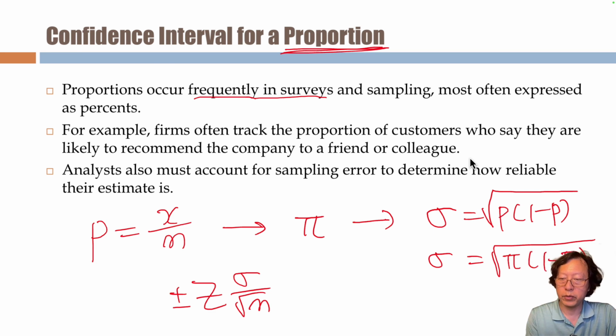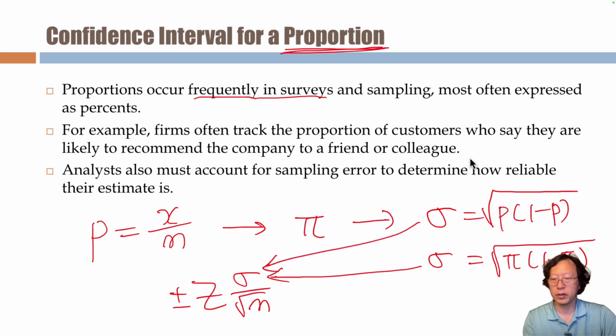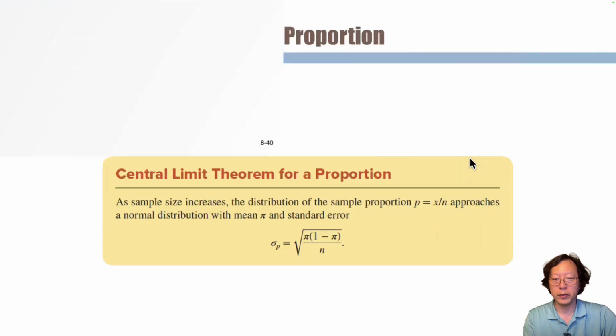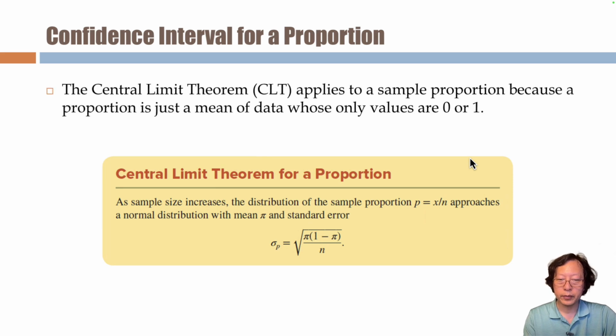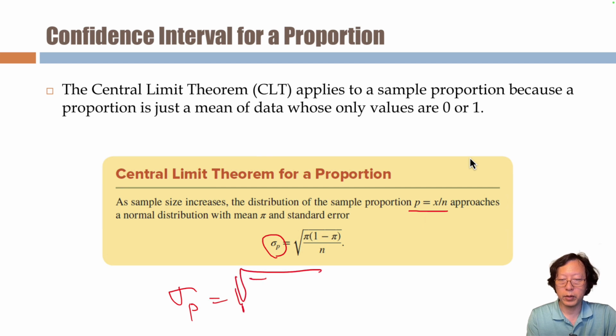So you can simply replace this into here, then you can get a confidence interval. This is the sample proportion. So the standard deviation is pi times 1 minus pi, divided by square root of n. Then you can simply merge it under one square root sign.